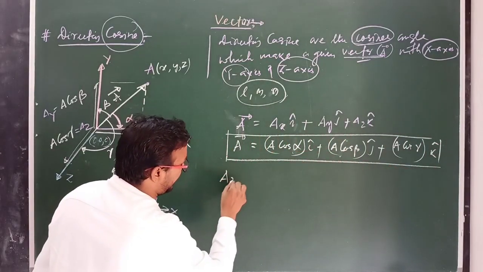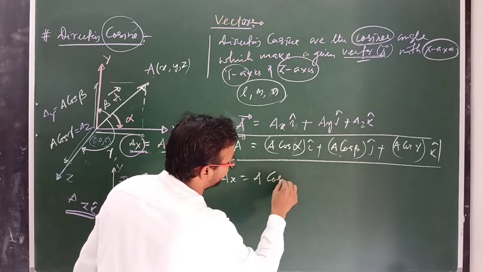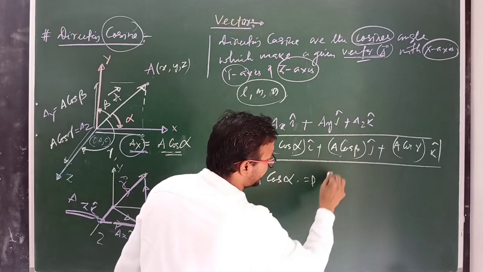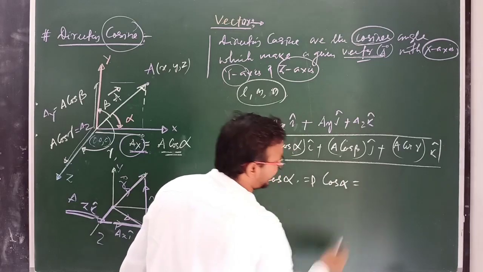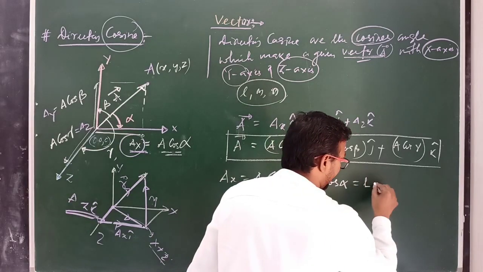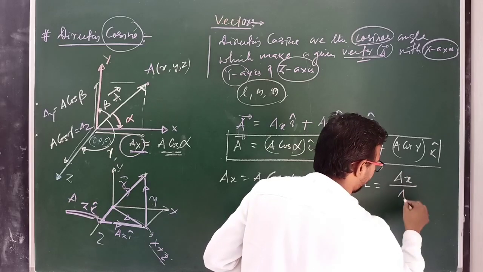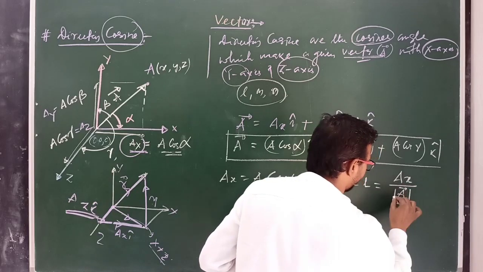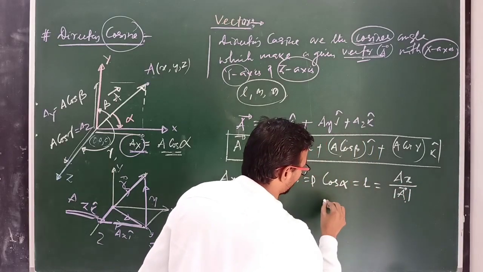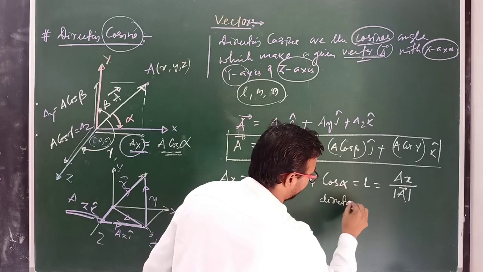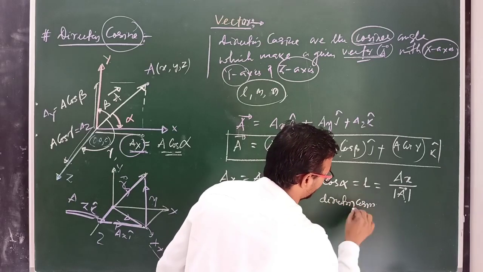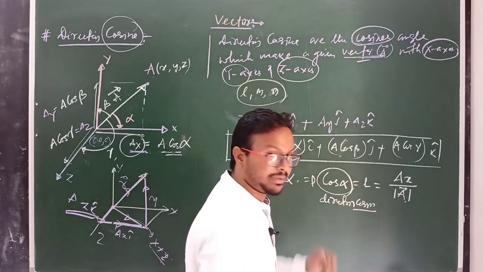Clear? And ax is a cos alpha, so what is cos alpha? Cos alpha equals ax divided by a, the magnitude of the vector, and we write it as L. This is called the direction cosine, so the direction cosine in terms of L.